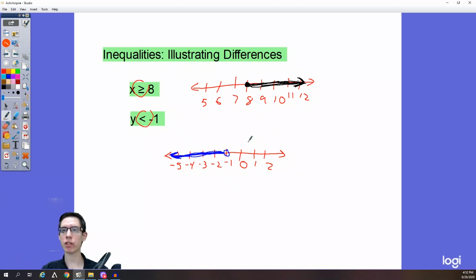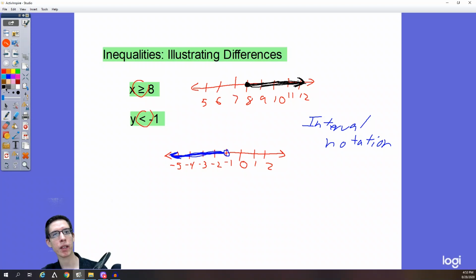That thing is called interval notation. Sorry, my handwriting is going a little wonky here. And the way interval notation is going to work is we're going to take something like this, x greater than or equal to 8, and we're going to try to find a way to represent it using just numbers.